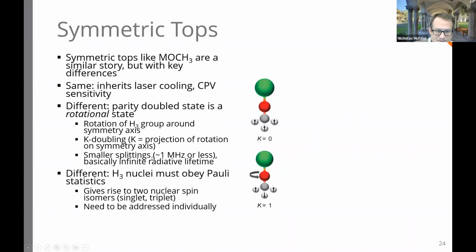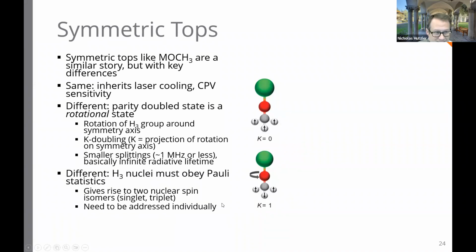Another difference is, and this is sort of a complicating difference, I guess there are good sides and downsides. You have identical particles in this molecule now, which are these nuclei, these 3 hydrogen nuclei. The nuclear spin wave function has to obey Pauli statistics. And so that means you end up getting 2 nuclear spin isomers.